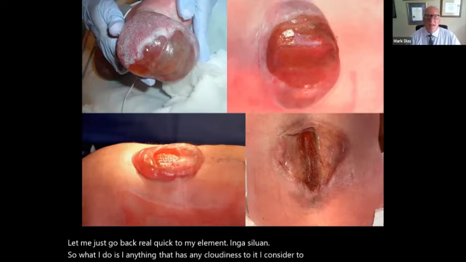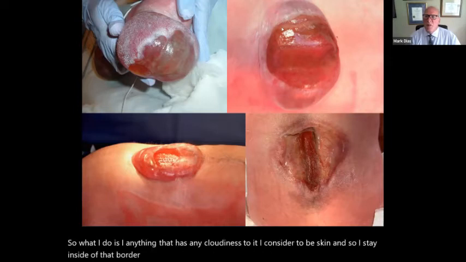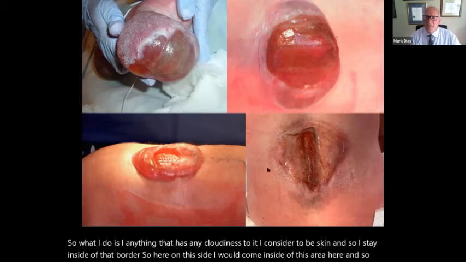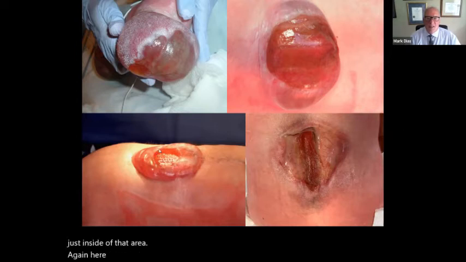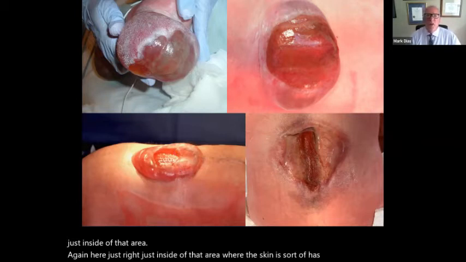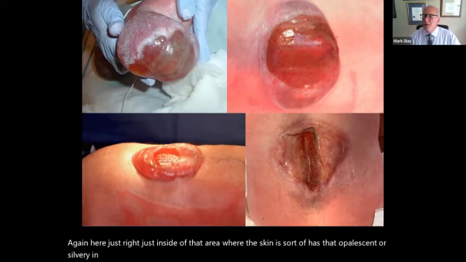And so I stay inside of that border. So here, on this side, I would come inside of this area here. And so I stay just inside of that area. Again, here, just inside of that area where the skin has that opalescent, or in a lot of cases, silvery appearance to it.